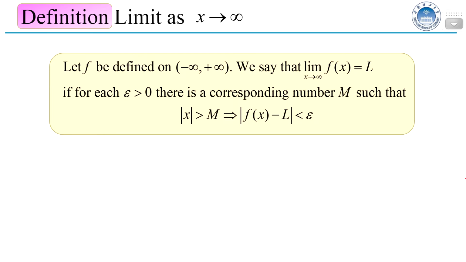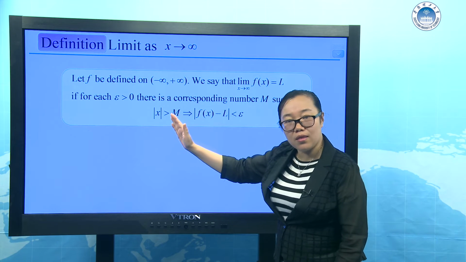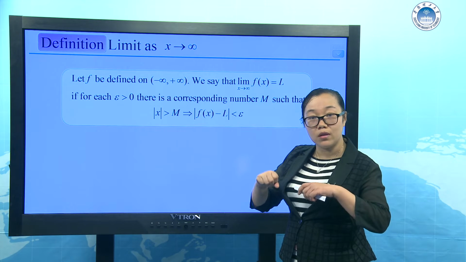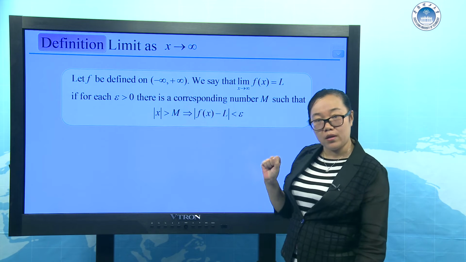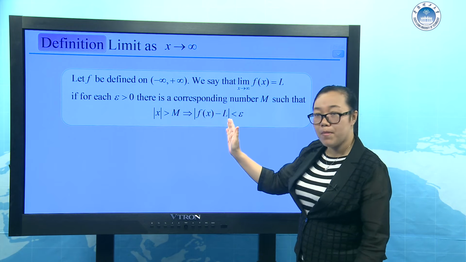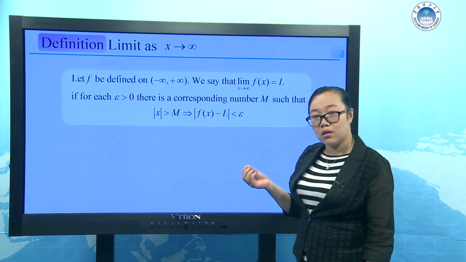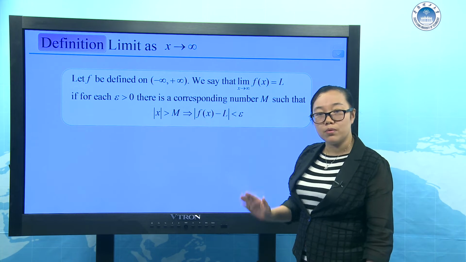if for every epsilon greater than 0, there is a corresponding number capital M, such that if the absolute value of x is larger than capital M, this means x tends to infinity, including positive infinity and minus infinity. At this time, the absolute value of f(x) minus capital L is less than epsilon, meaning the distance of f(x) and capital L is as small as possible.